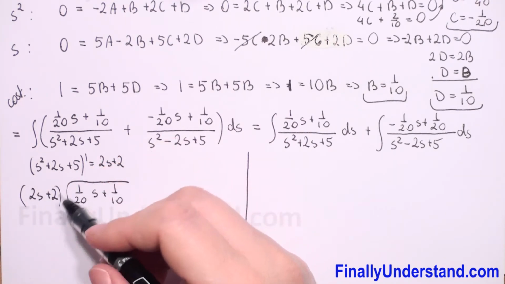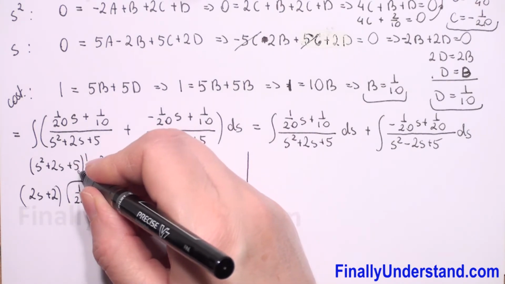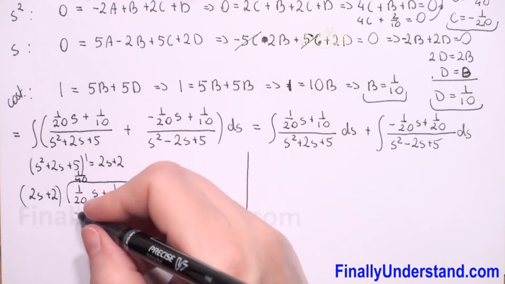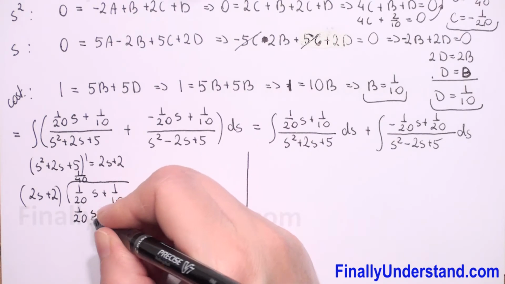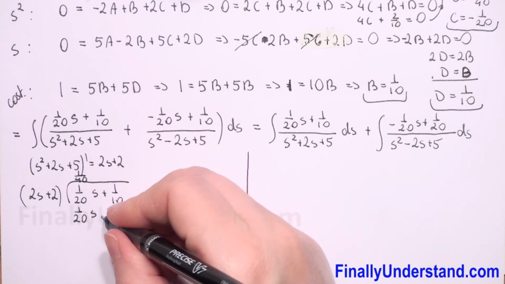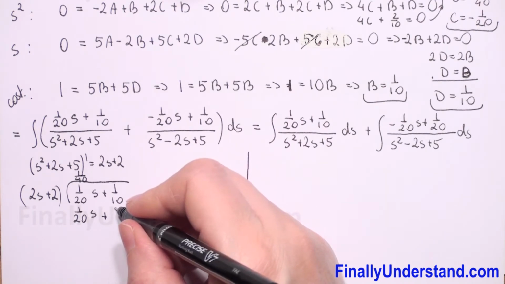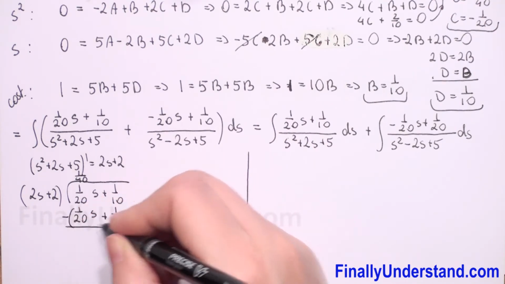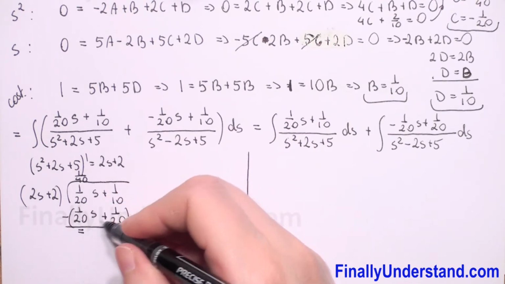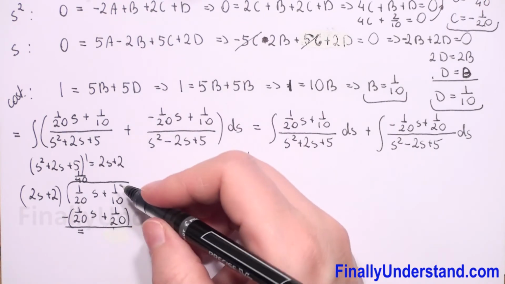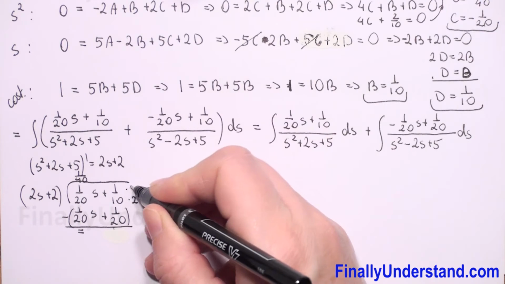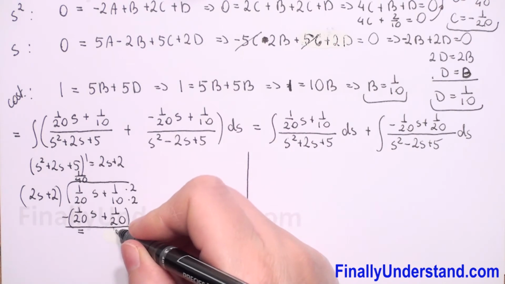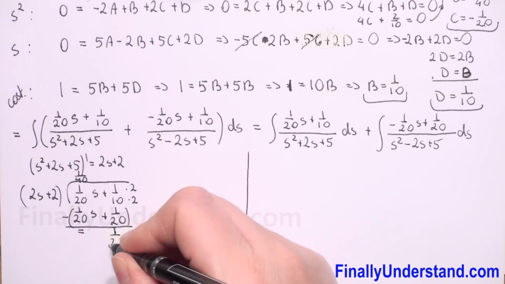1 over 20 s divided by 2s is 1 over 40. Now 1 over 40 times 2s is 1 over 20 s. 1 over 40 times 2 is 2 over 40, so it is 1 over 20. So now we have to subtract. The first expression will reduce. 1 over 10 minus 1 over 20, we need to have the same denominator, so we multiply by 2 numerator and denominator, so we will have 2 over 20 minus 1 over 20, so it is 1 over 20.